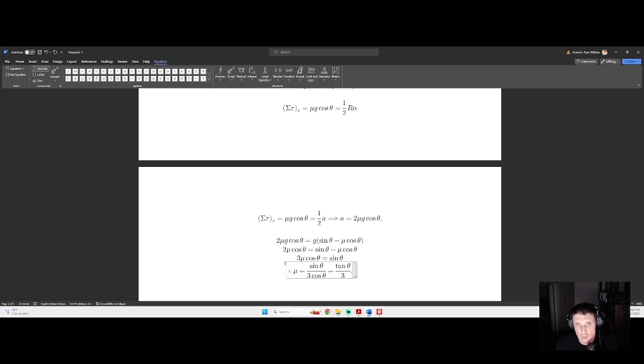Because tangent of 45 is just sine of 45 over cosine of 45, and sine and cosine are the same at 45 degrees. So this should just equal 1/3, right? And that kind of checks out because mu is supposed to be in general less than 1. And we get a result that makes dimensional sense, if nothing else.